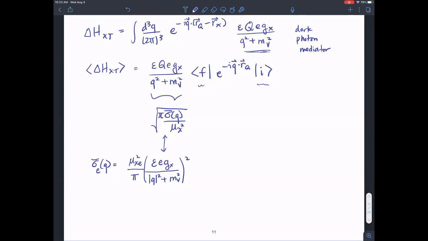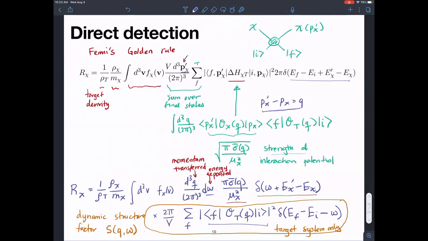Okay, so there's not that much time, and the last thing I want to talk about is this. We've covered this interaction strength in the main rate formula now. The last thing I want to cover is the kinematics of the dark matter phase space in terms of Q, omega, and energy conservation.